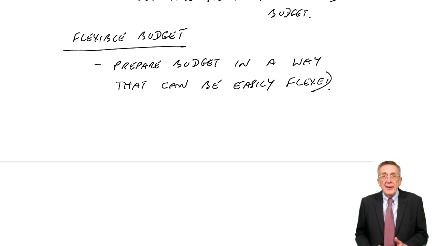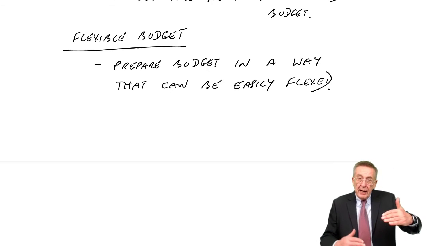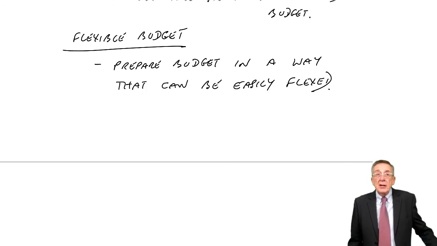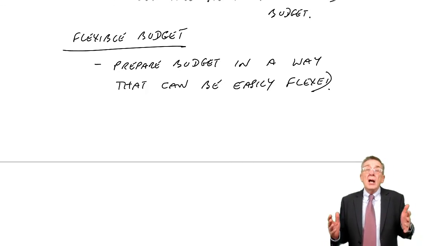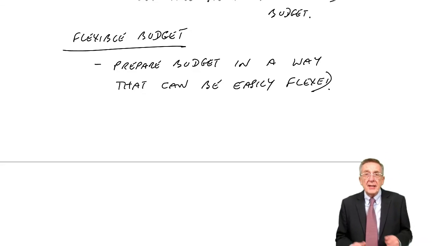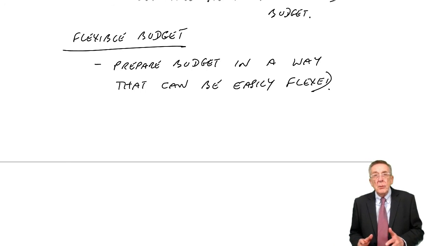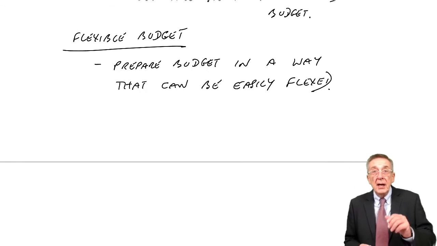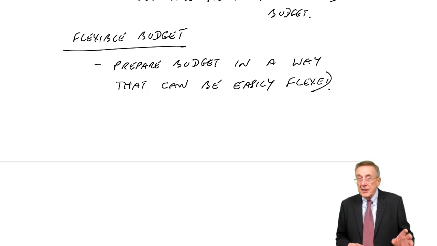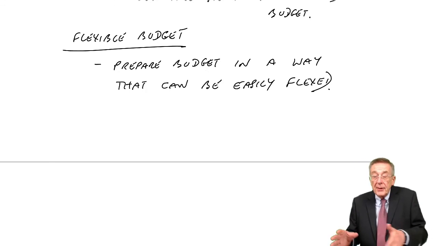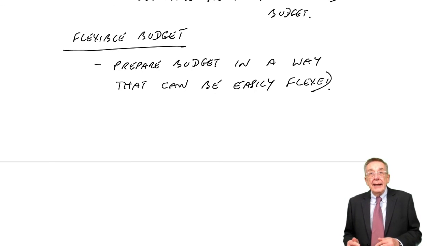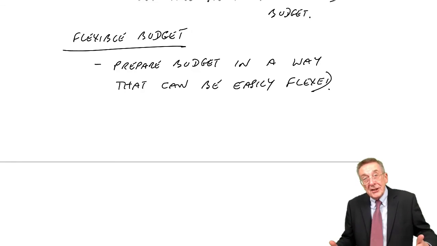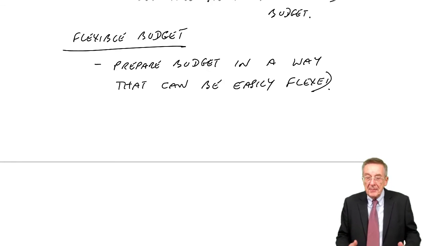Fixed costs should stay fixed. So we do need to have our variable and fixed costs identified separately. And you'll remember from earlier chapters, a lot of costs are semi-variable, they're part fixed, they're part variable. Well, if we're going to be flexing, we need to make sure we have separated out, that we know exactly what the variable costs are per unit and we know what the fixed costs are per month or whatever the period is, in order for it to be easy to be flexed. We say then we've got a flexible budget.